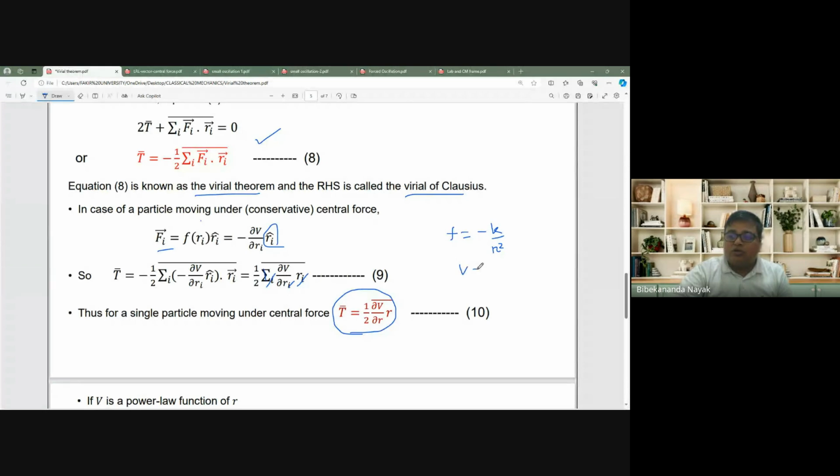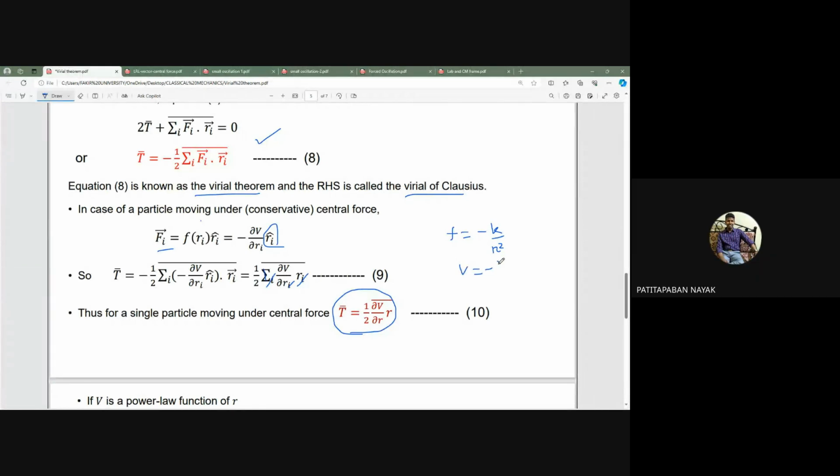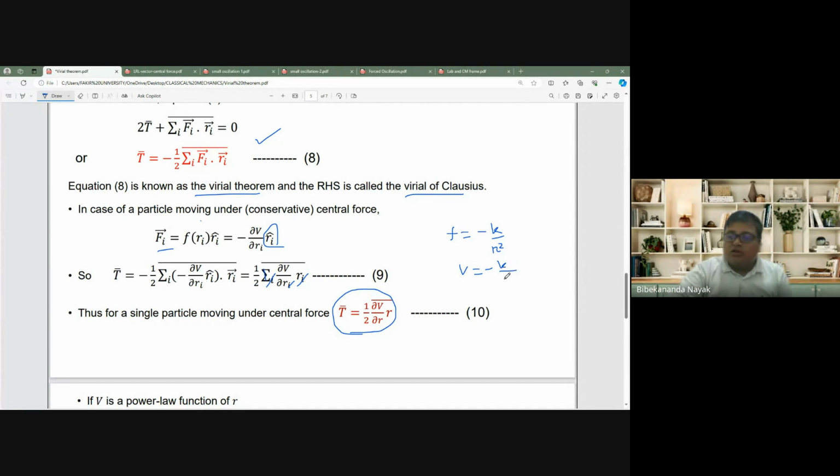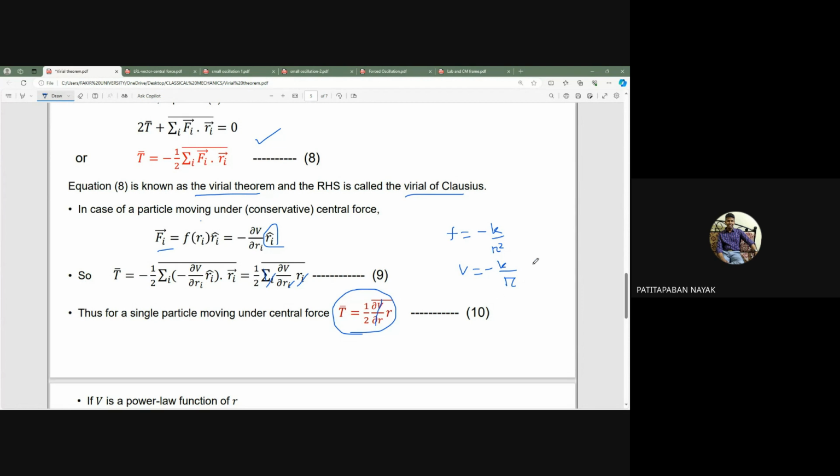V is equal to minus K by R. Use this: what is del V by del R? So V is equal to minus K by R, and del V by del R is K by R square.